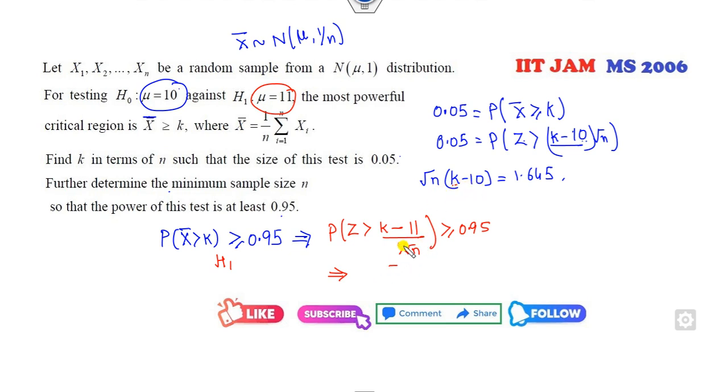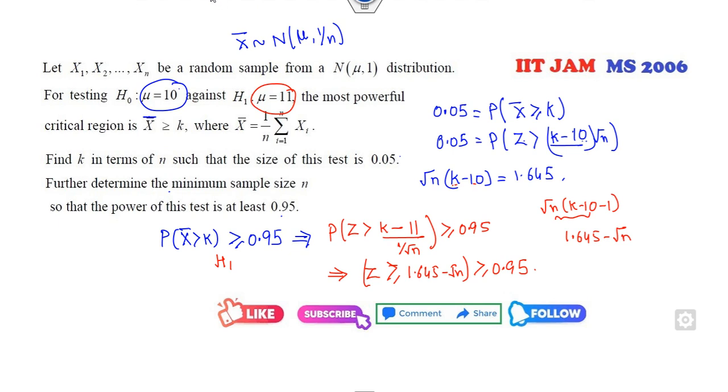I can write this number as k minus 10 minus 1. So in this portion I have 1.645 minus root n. So that means Z is greater than 1.645 minus root n, which is greater than 0.95. Fine.